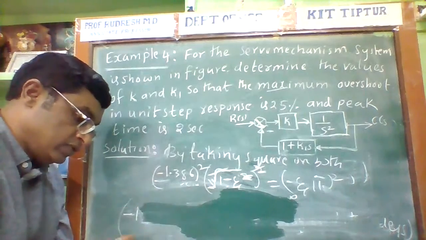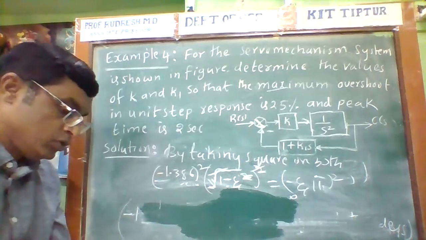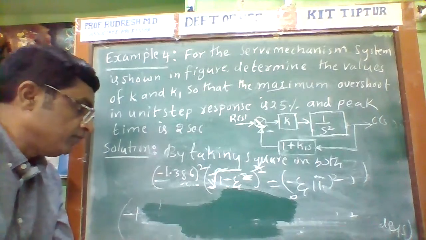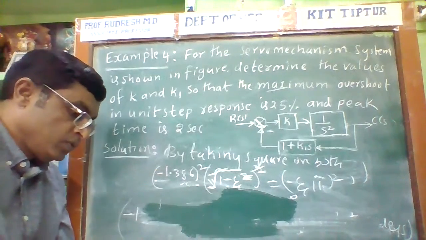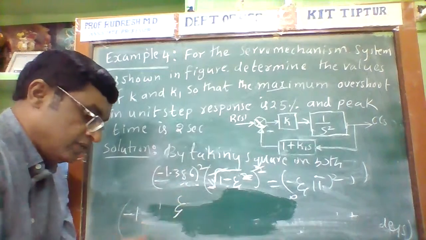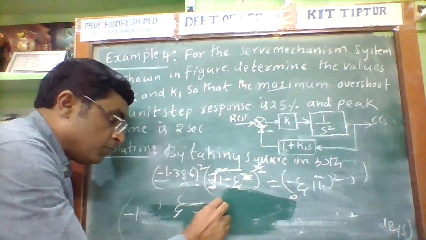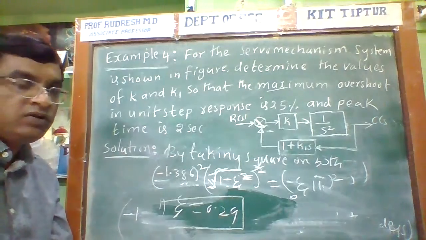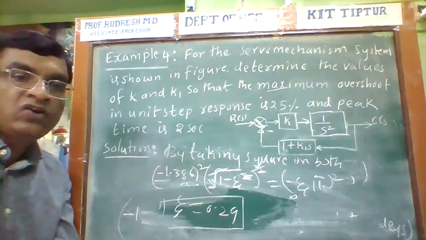After simplification, we get zeta is equal to 0.29. After simplification, zeta we have calculated.